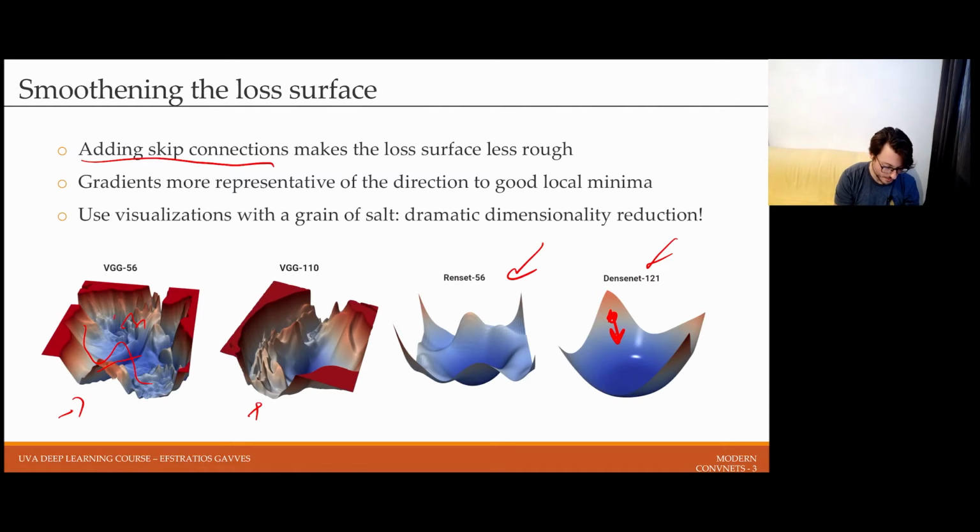It wouldn't be accidentally pointing to a direction that could be leading to a better minimum or not, depending on the initialization. And of course, what is very important to say here is that these visualizations should be used with a grain of salt, because there is obviously a dramatic dimensionality reduction.